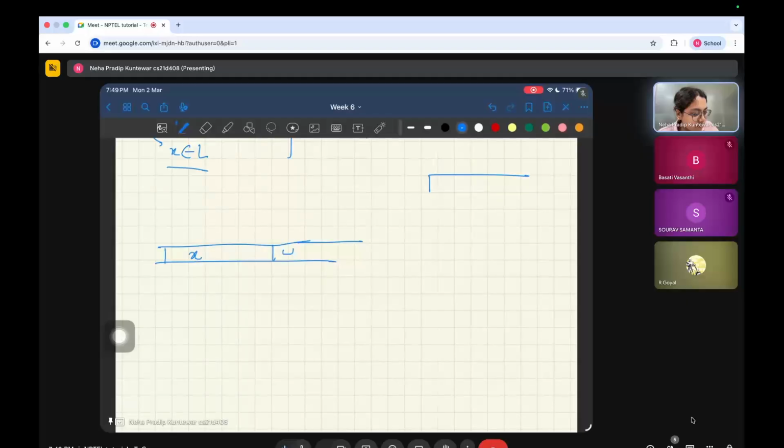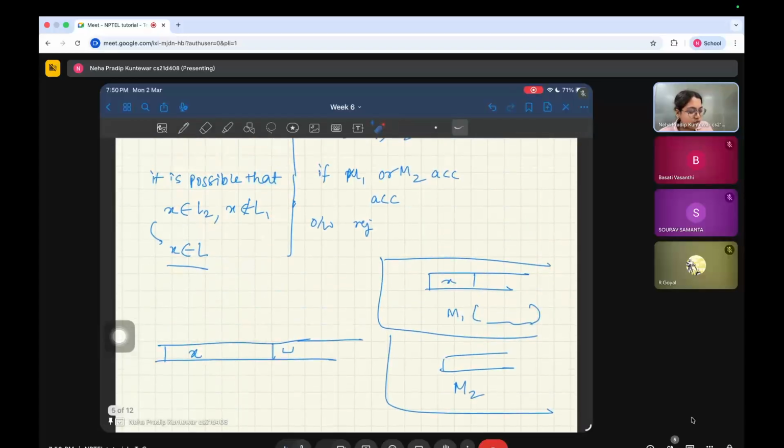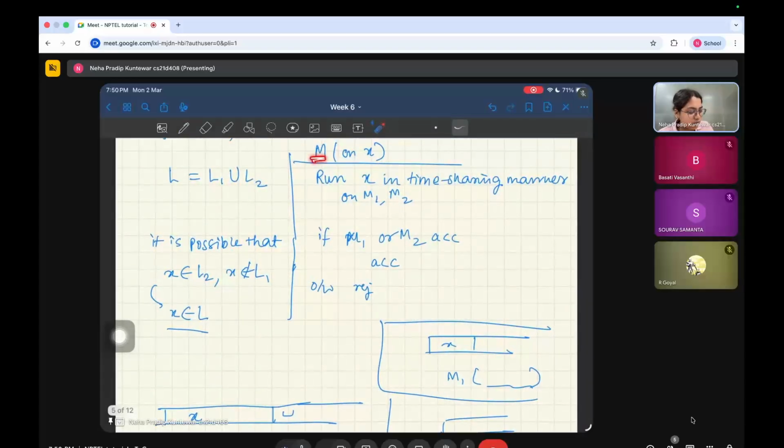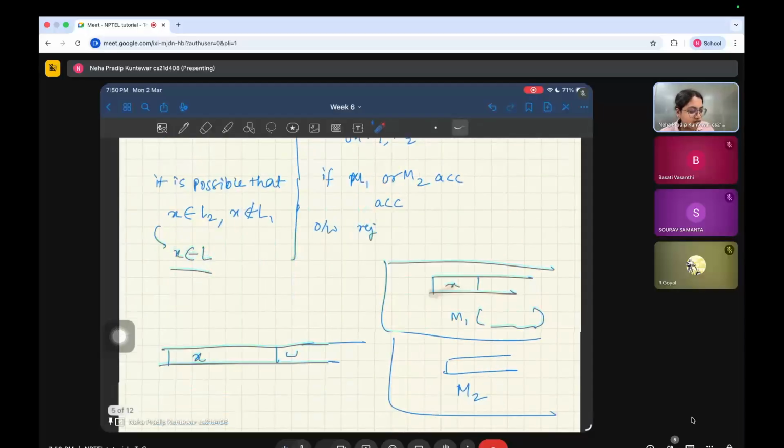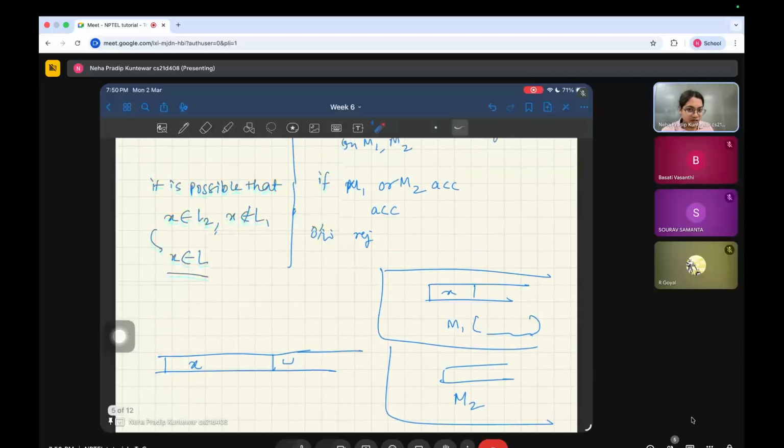So M1 being some tuple and M2 being some tuple, this is different from... when you say that M simulates this, it does not mean you have one tape for this and one tape for this and their respective operations.